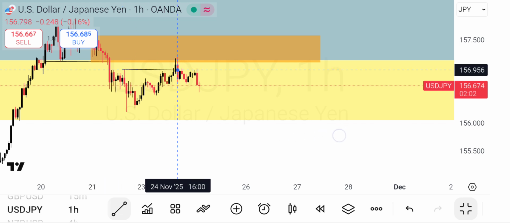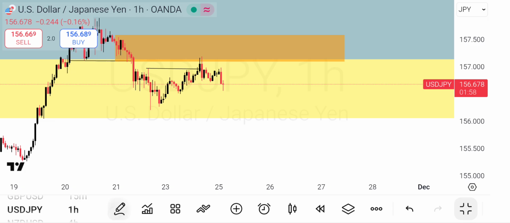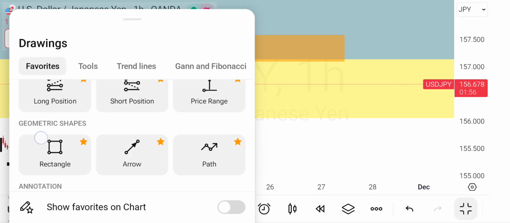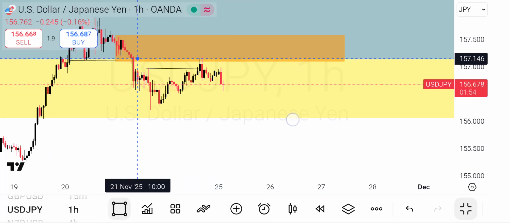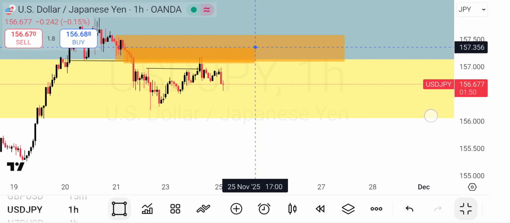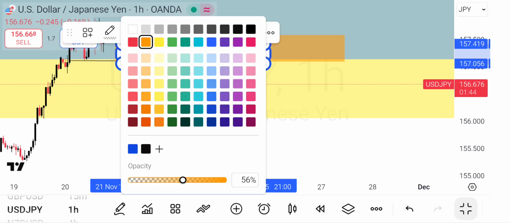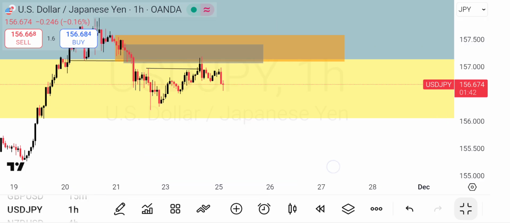This again, and as you can see, this is also the 1 hour supply. These candles here, multiple candles. I can just take this, and it has been retested.